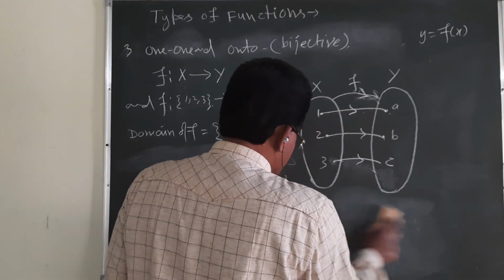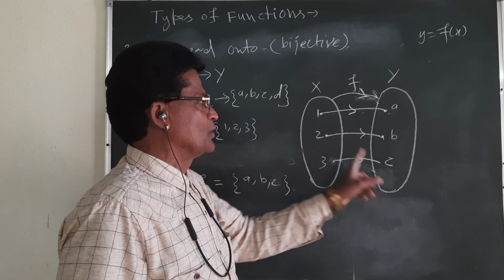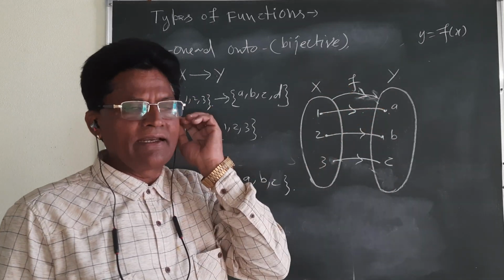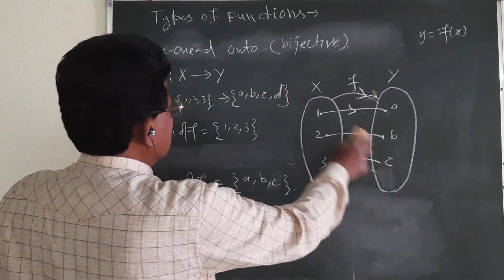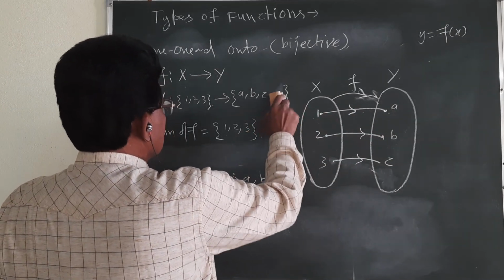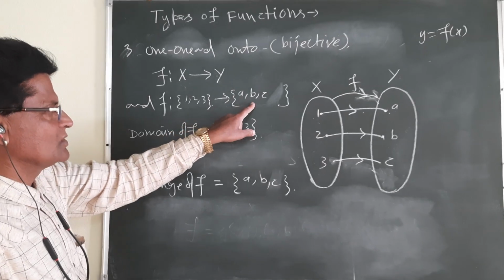Or you can say that if the range of the function is equal to y. The y set is given. This is y, and this is a bijective function, because this function is 1, 1 as well as onto.